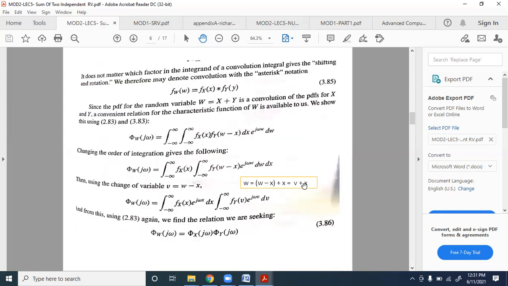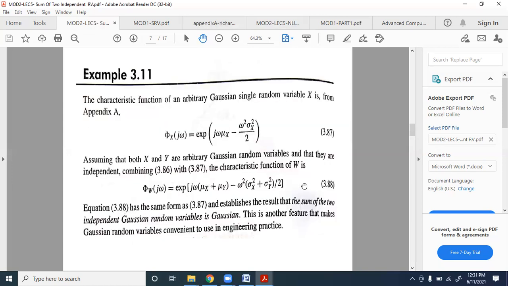So that gives us phi of j omega, which corresponds to the Gaussian characteristic function for the Gaussian distribution function.